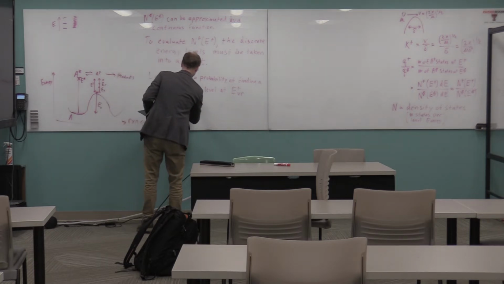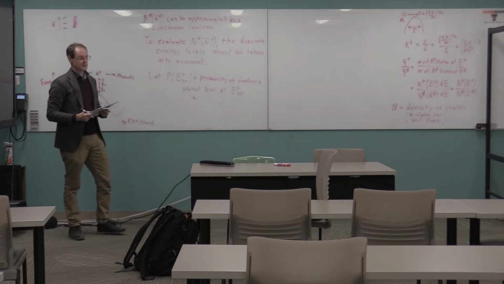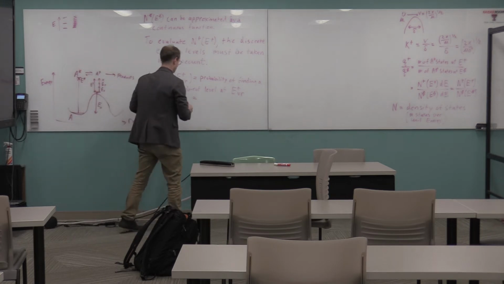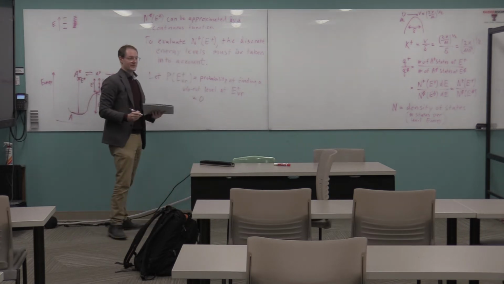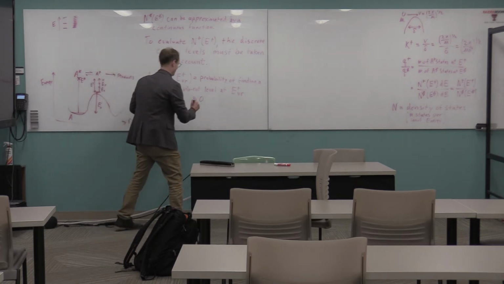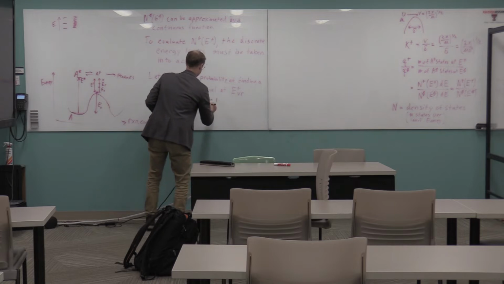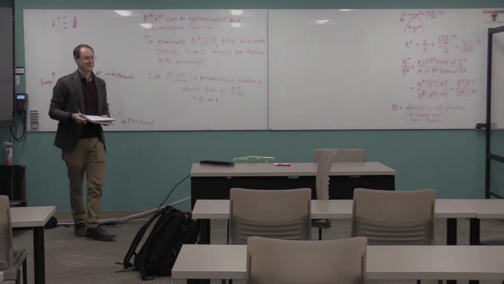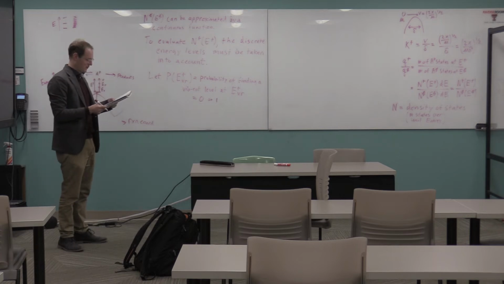Then if each level is discrete, this is usually equal to 0, unless you happen to be exactly at the energy where there's a level, and then it's equal to 1. Or maybe it's equal to the degeneracy of the level. Okay?